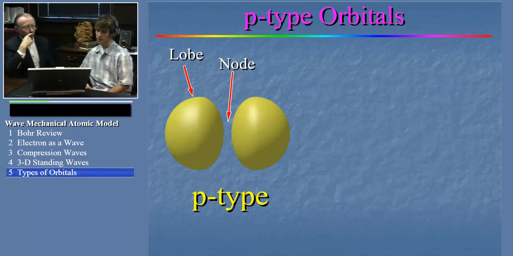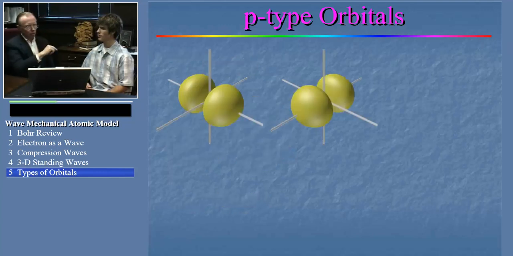Now, about p orbitals, it's interesting that they always come in sets of three, like blind mice. The three look the same, except that they differ in their orientation in space. One is lined up along the x-axis, one along the y-axis, and one along the z-axis.